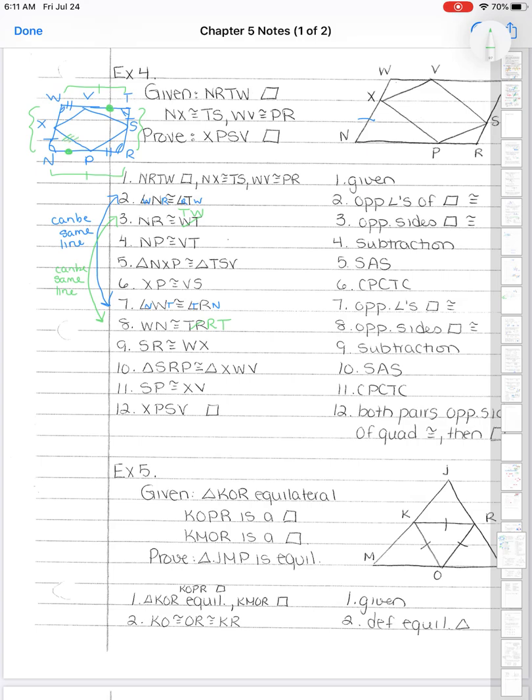I think I labeled that one wrong, so give me 1 sec. Yes, I did. All right, let me just fix this. This goes here. All right, so now those 2 triangles on the bottom left and the top right are congruent by side angle side. Therefore, XP is congruent to SV.